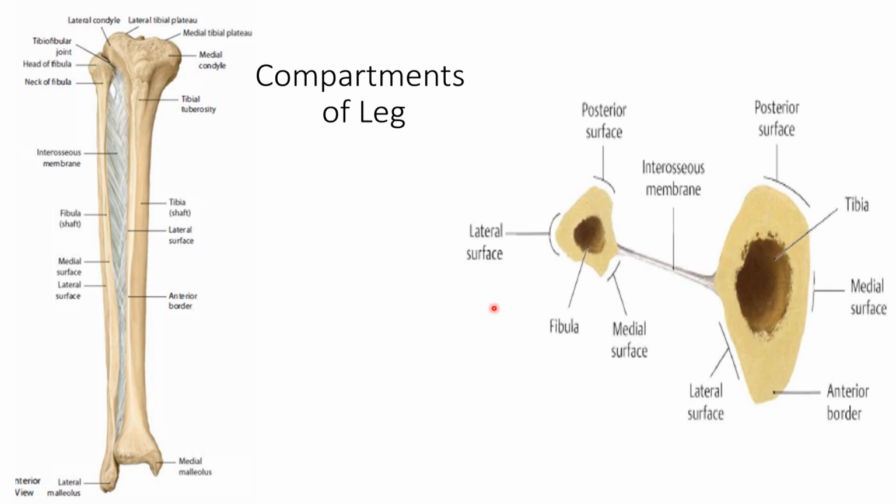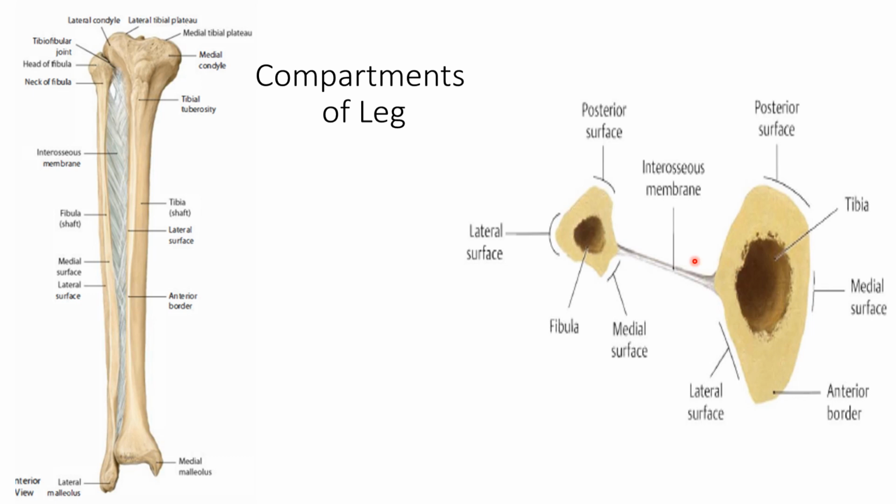Let's understand the arrangement of these muscular compartments with respect to the bones of the leg. This is the tibia, the medial bone, and this is the fibula, the lateral bone. They are interconnected by the interosseous membrane, and this is a sectional view of both.